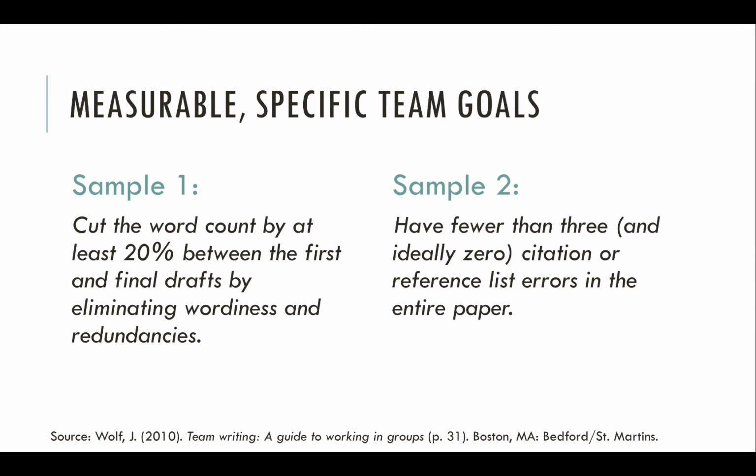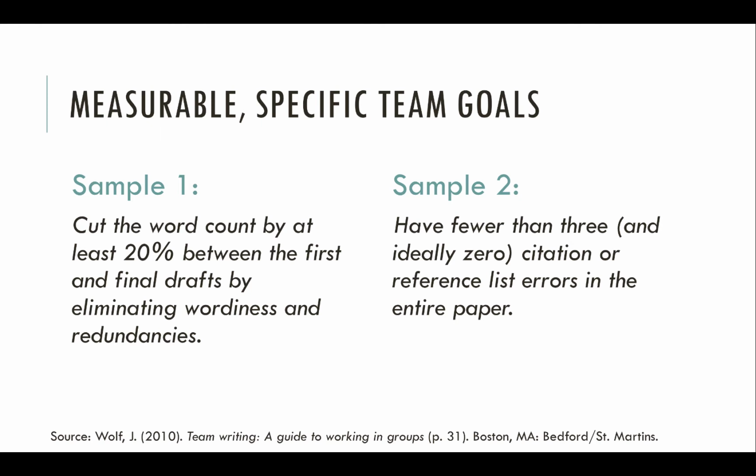Once you've decided on the broader goal or goals of your project, you can then move on to measurable specific goals. Again, think beyond the grade you want and instead focus on what will constitute high-quality work. So if you know concision is important to your audience, you might make it a goal to cut the word count by at least 20% between the first and final drafts by eliminating wordiness and redundancies.